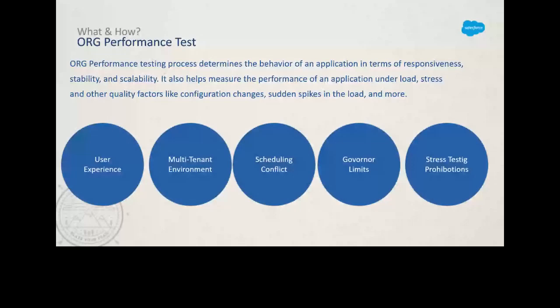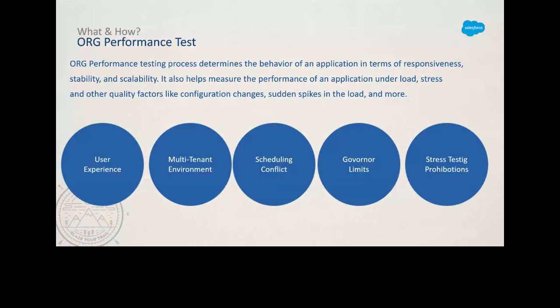This performance test helps us understand various what-if scenarios. And we usually do it first before go live. I mean, it is recommended, and periodically at least twice a year, or before every major release on the Salesforce org.